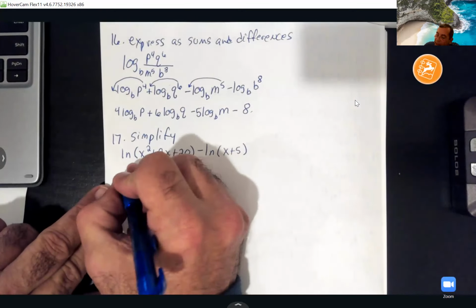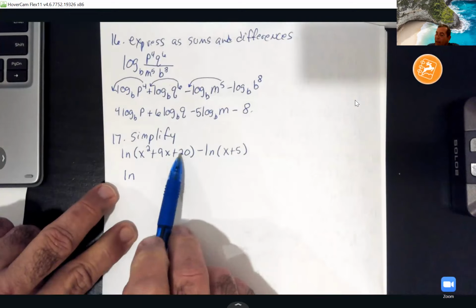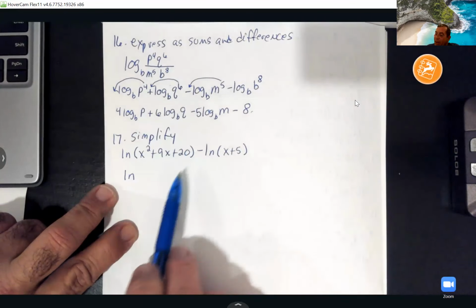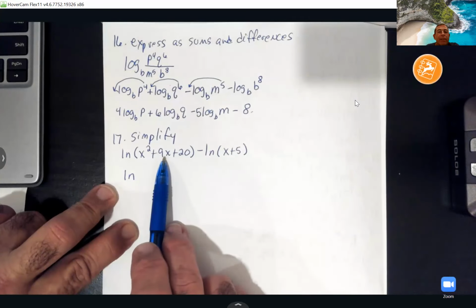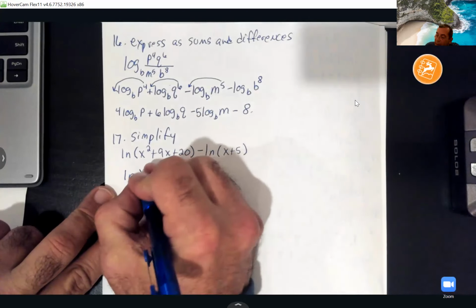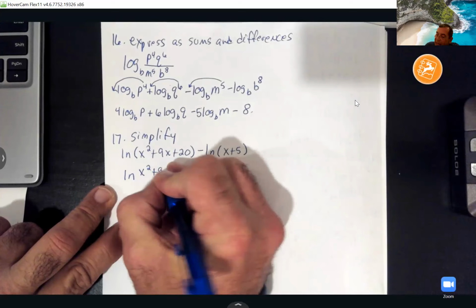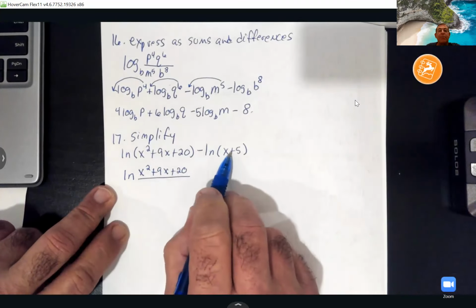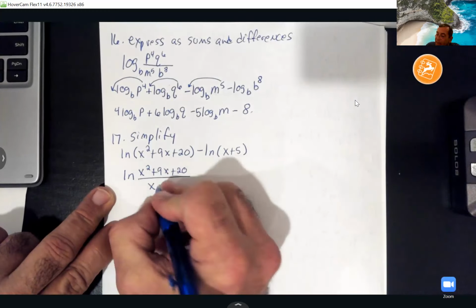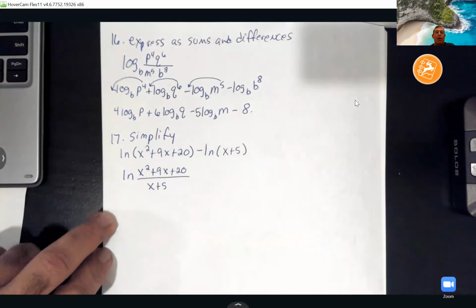So bring out the ln. And this is just like this problem here. We're subtracting. So the positive factor goes to the top, the x squared plus 9x plus 20. The factor being subtracted, the x plus 5, goes to the bottom.